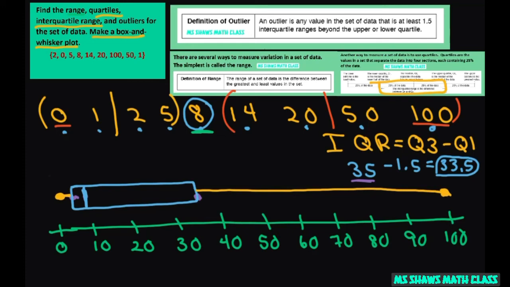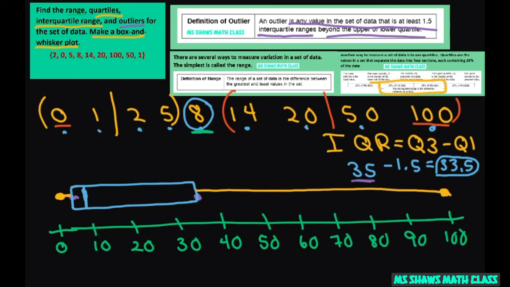And now to find the outliers. So a definition of an outlier is any value in the set of data that is at least 1.5 interquartile ranges beyond the upper or lower quartile.